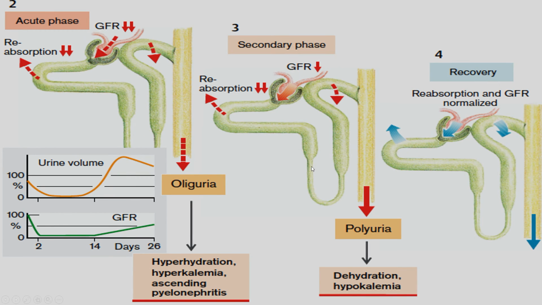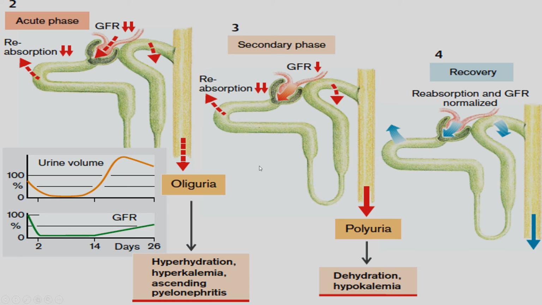Next, in the acute phase, reabsorption decreases, glomerular filtration rate decreases, and oliguria forms. In the oliguria, hyperhydration, accumulation of water in the body, hyperkalemia, accumulation of potassium in the body, and ascending pyelonephritis.